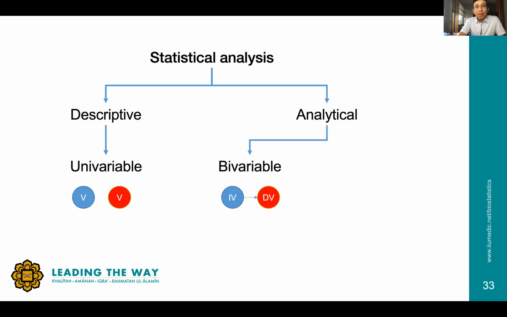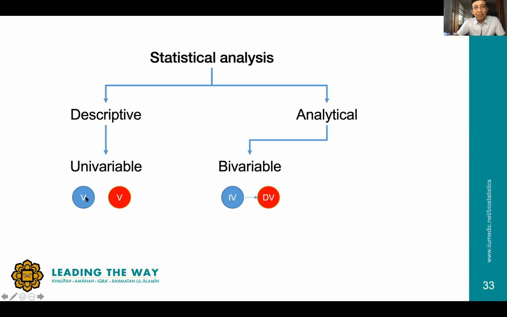But when you want to look at the relationship, you will start seeing the arrow there. So now one has to assume the dependent role, and the other variable will assume the independent role. In descriptive, you are not interested to look at the relationship. There's no arrow here.